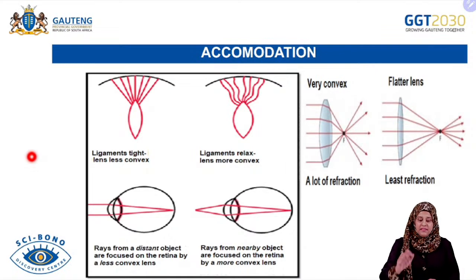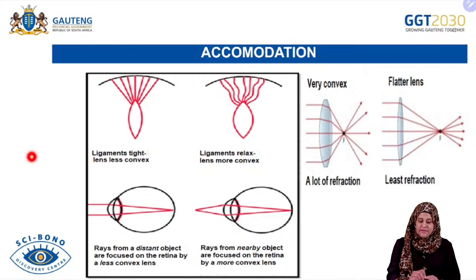Now remember, the lens is convex, right? This is a convex lens. When we speak about accommodation, we are speaking about distant and near vision. So how does our eye focus? It focuses by changing the lens for near and for distant vision.